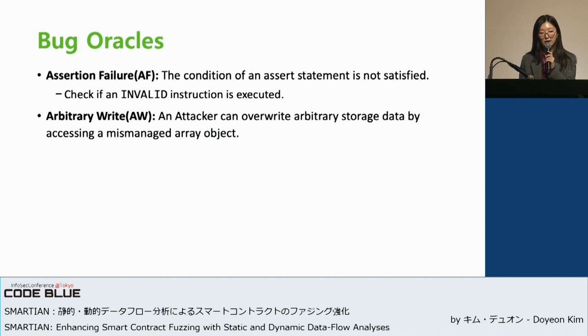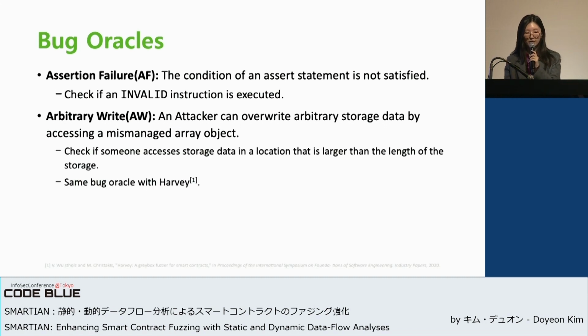It occurs when an attacker can overwrite arbitrary storage data by accessing a mismanaged array object. We check if someone accessed storage data at a location that is larger than the length of the storage, and its bug oracle is the same as Harvey's.